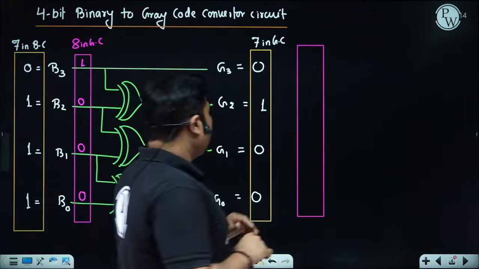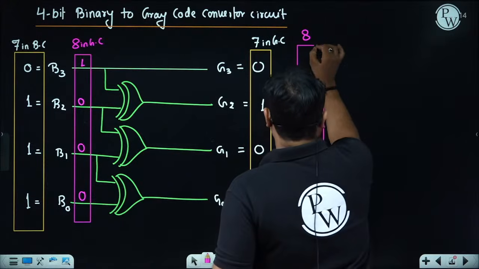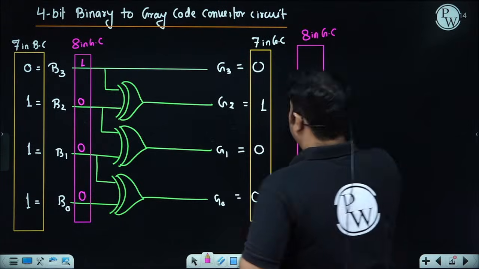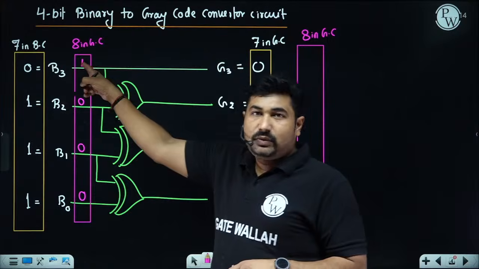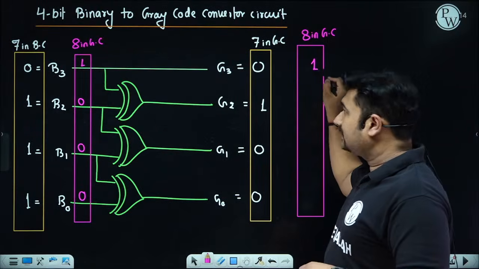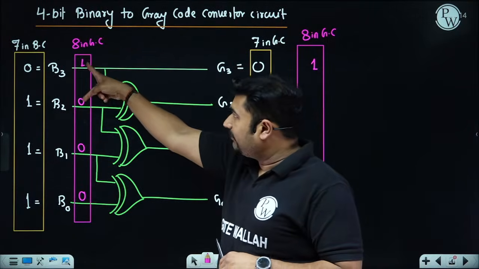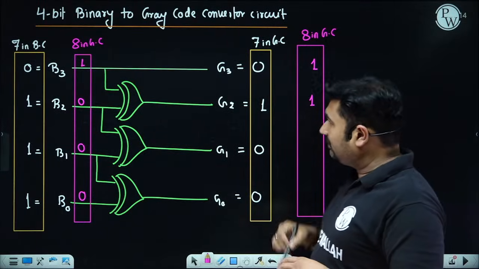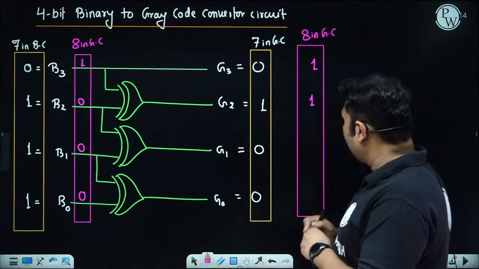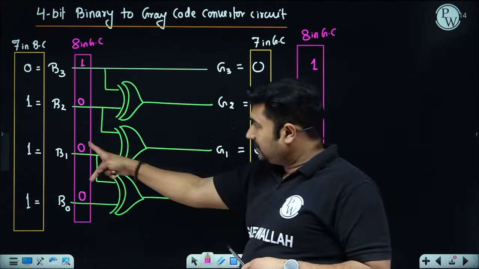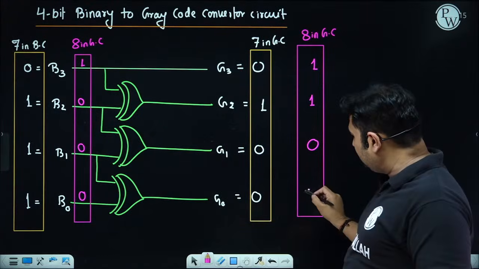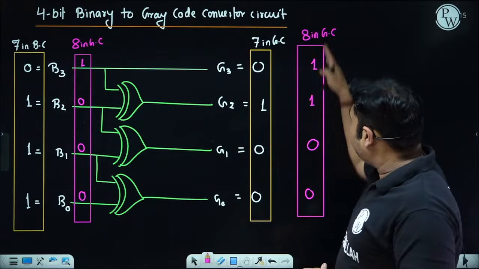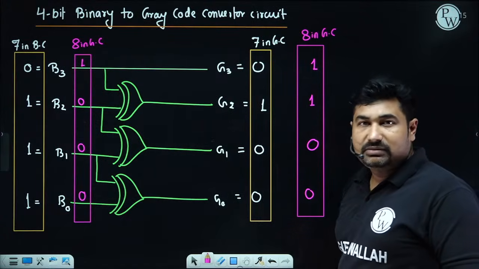What is 8 in Gray code? This MSB 1 will come as it is. For different inputs, B3 and B2 are different, so XOR will become logic level 1. Same, so XOR will become 0. Same, so XOR will become 0, for B1 and B0. So 8 in Gray code is 1100.